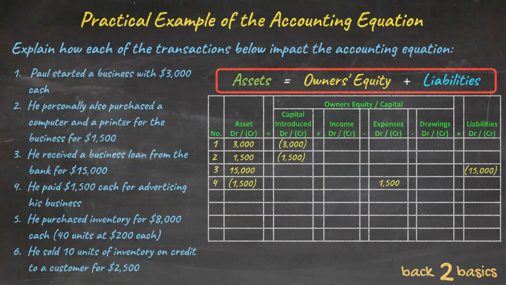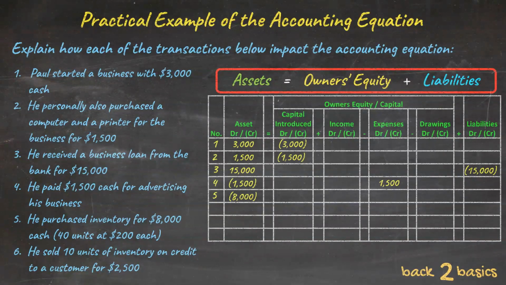Number 5, he purchased inventory for $8,000 cash, which was 40 units at $200 each. In this case, again, he spent money, so our cash reduced with $8,000 credit value. But he received inventory to the value of $8,000.